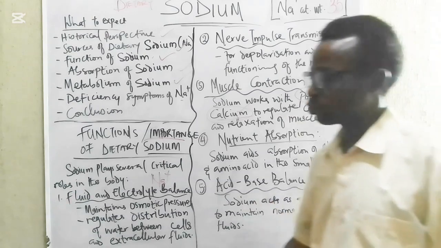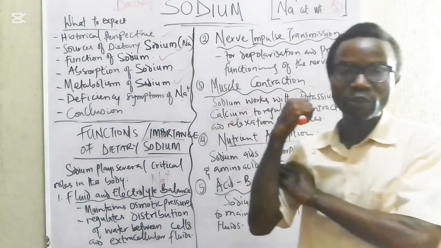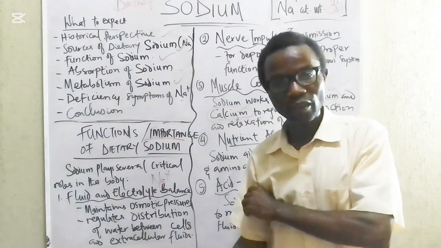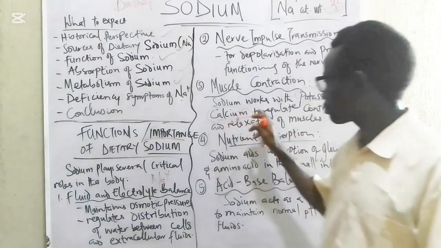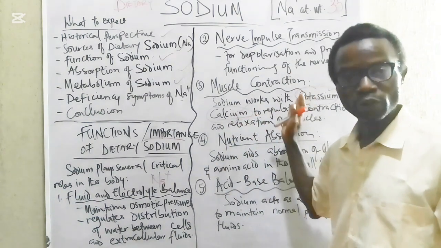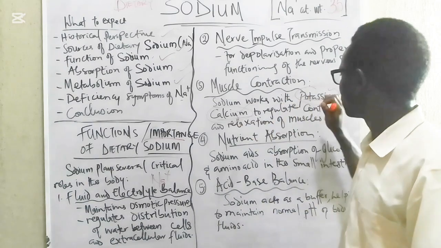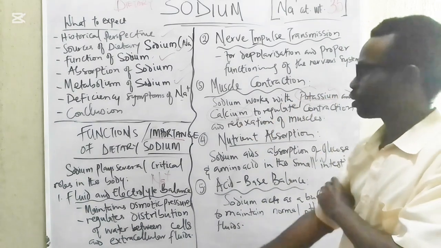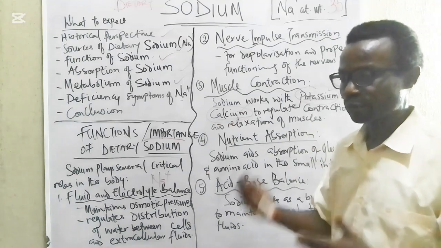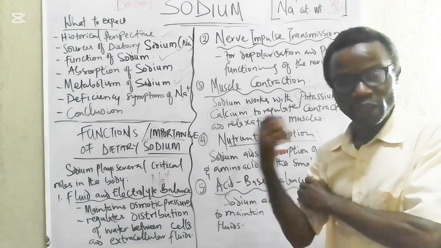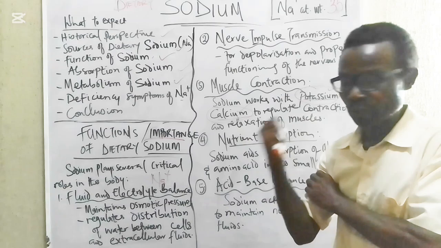For example, contracting the muscle, you see it goes up this way, and relaxing it, you bring it down. So it's an interplay, an exchange of materials between sodium and potassium in helping regulate the relaxation and contraction of the muscles of the body.